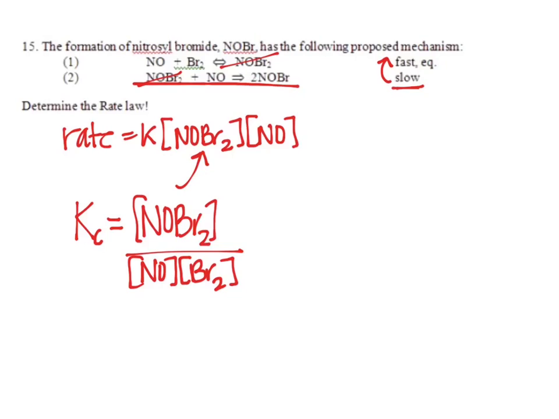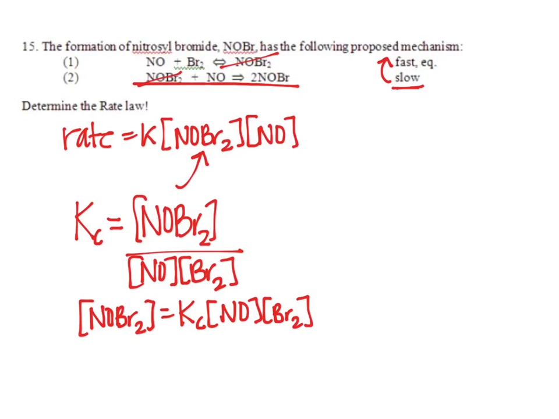We need to solve for NOBr2. So that means that NOBr2 equals Kc times NO times Br2. So we've got our substitution equation, and we're going to take that and plug it in up there.